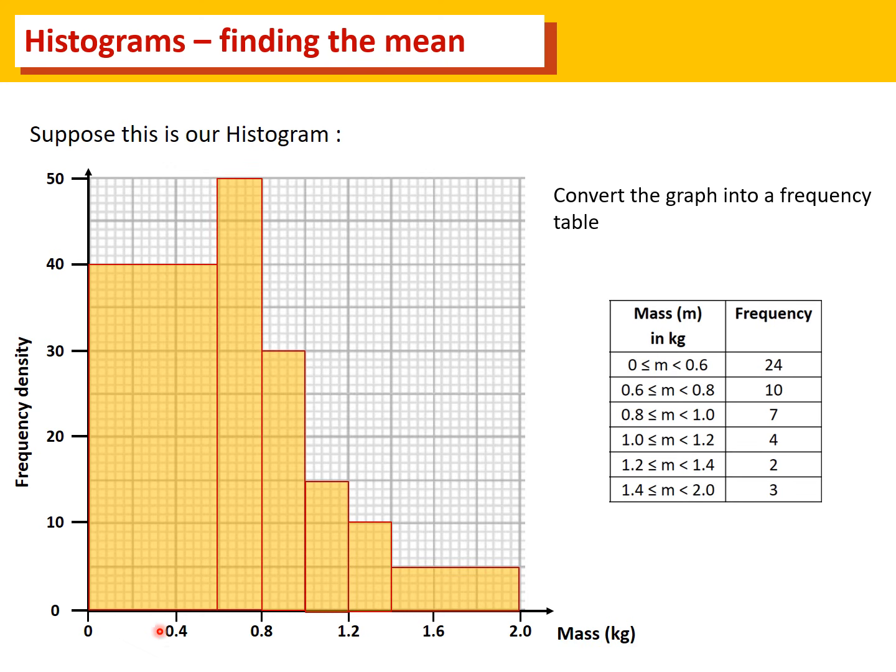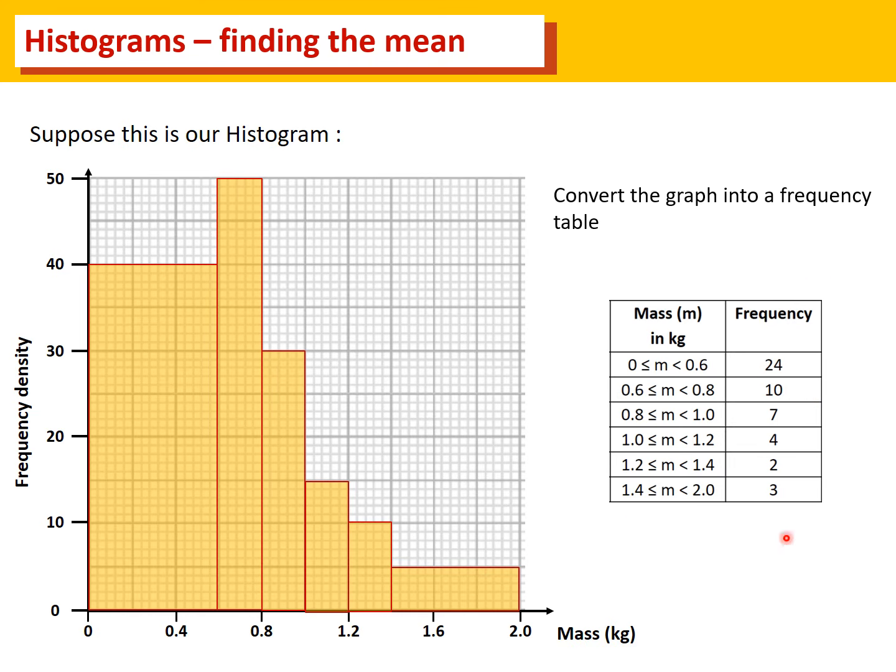We've got 0 to 0.6, that's the interval, okay, and the area of that bar is 24, so that's the frequency. Our second bar, that's from 0.6 to 0.8, that's the interval, and the area of that bar is 10, so that's the frequency.